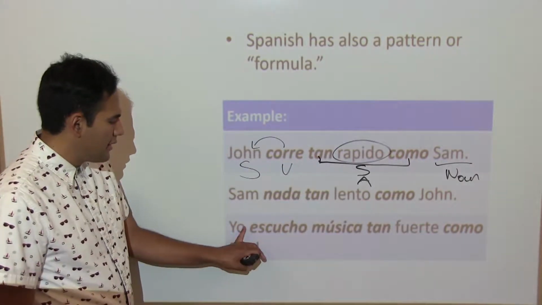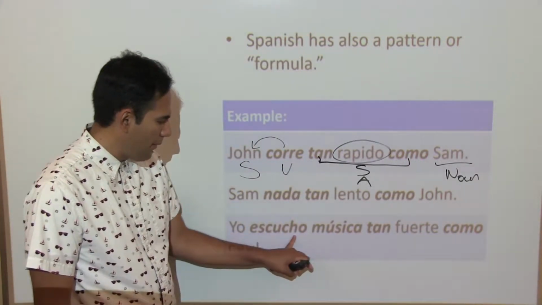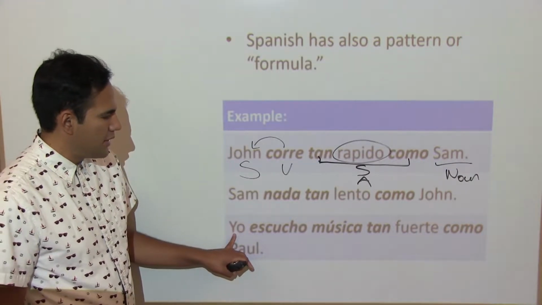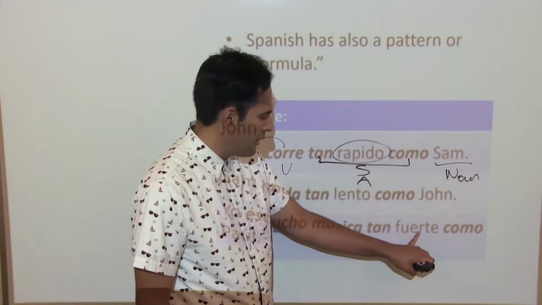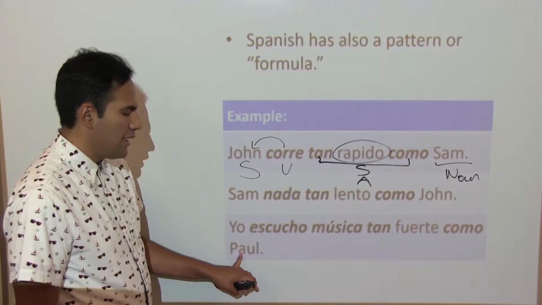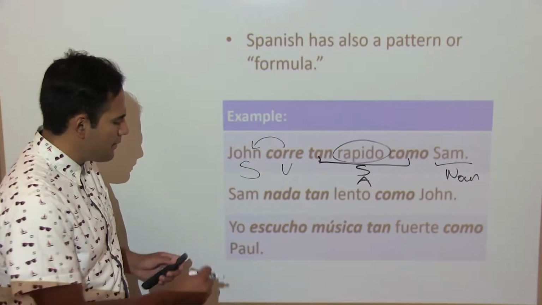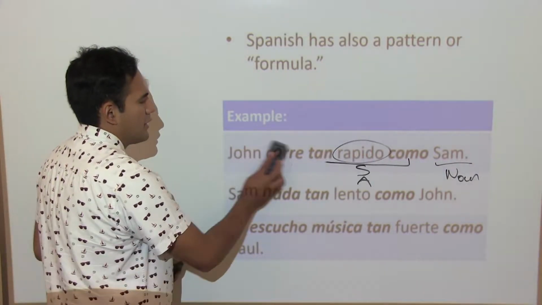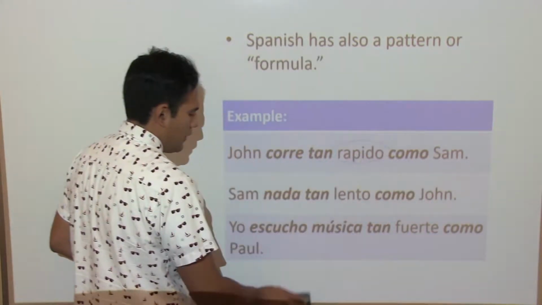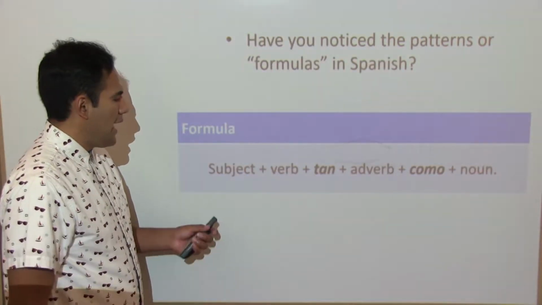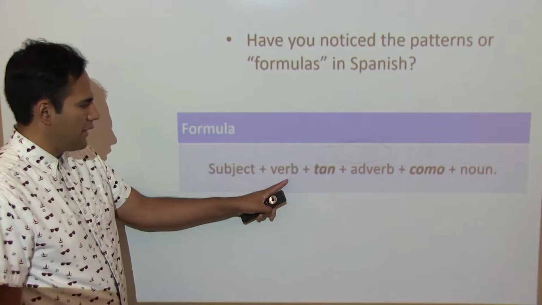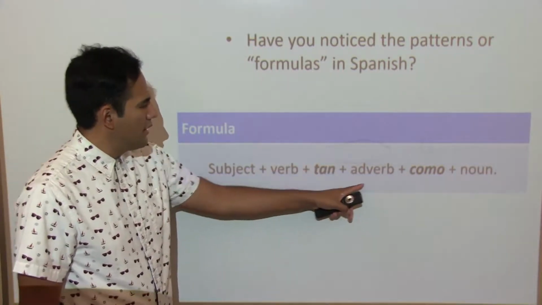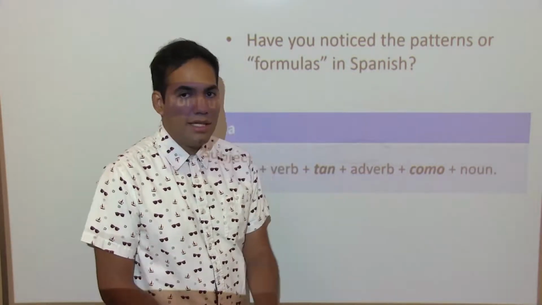The same thing here. So that's basically what you need to be looking for when constructing those sentences. So again we have a subject, verb, it could be any verb, sandwich, adverb, and noun. So that's the important thing.